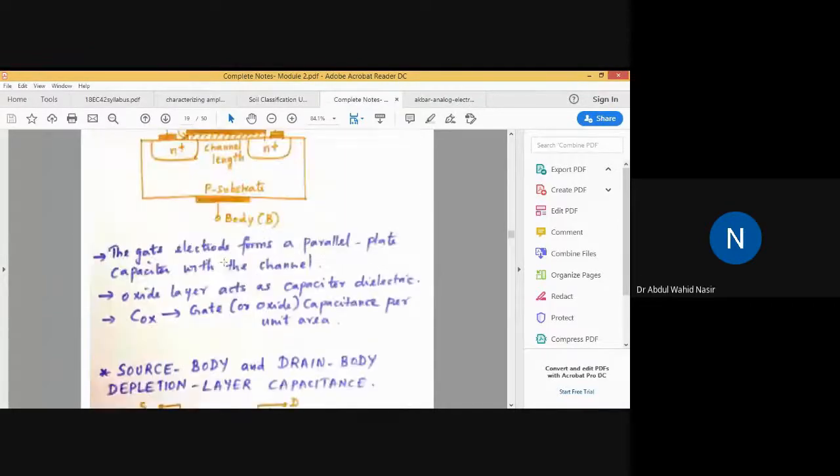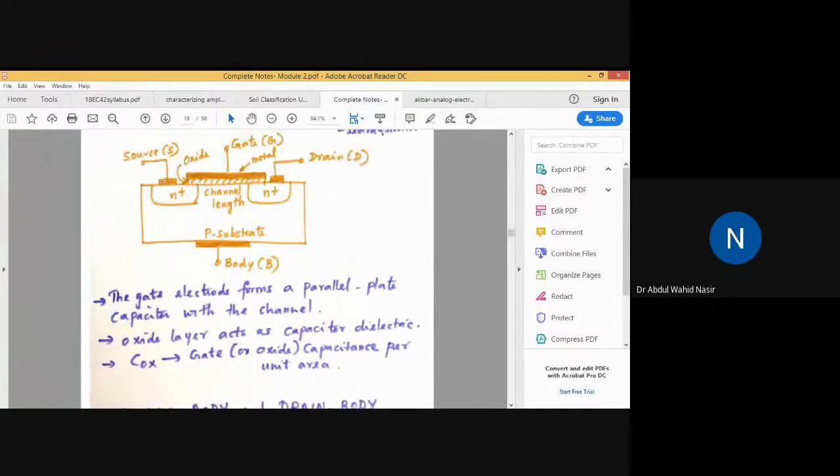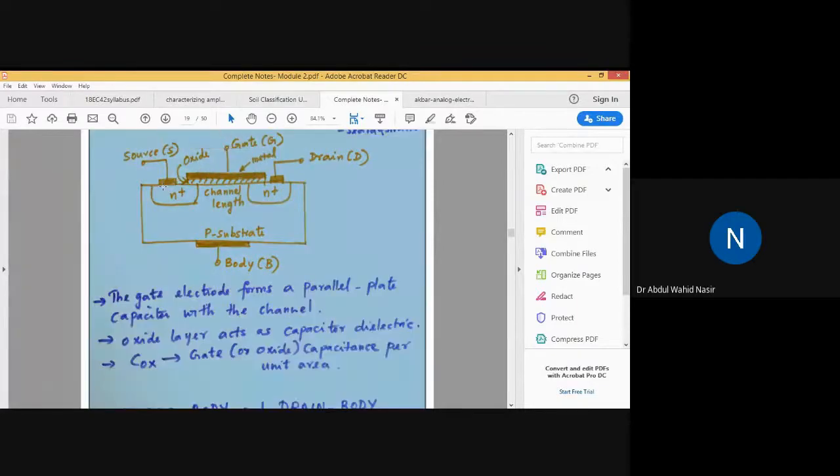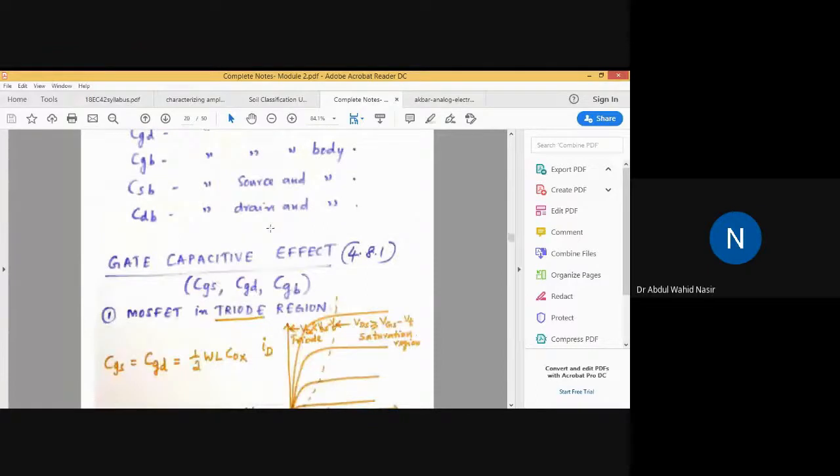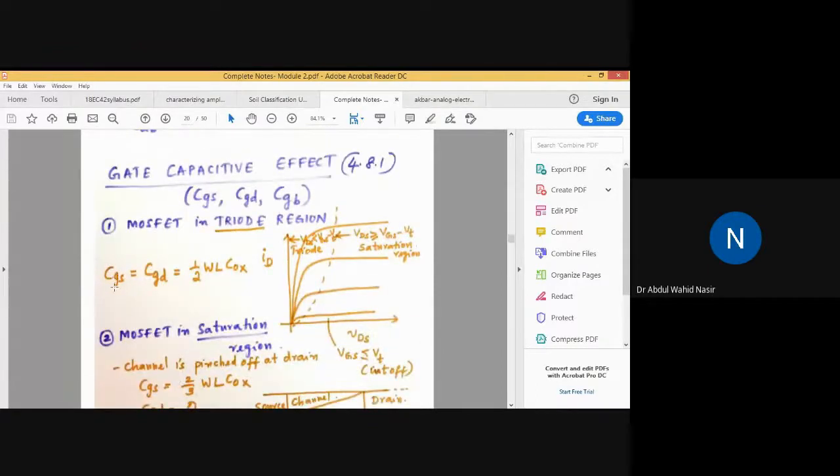From the construction of a MOSFET, the left hand side is almost similar to the right hand side, so the capacitance from gate to source will be equal to the capacitance from gate to drain. So CGS is equal to CGD in the triode region. You should remember this.